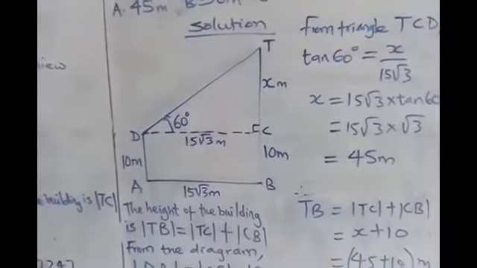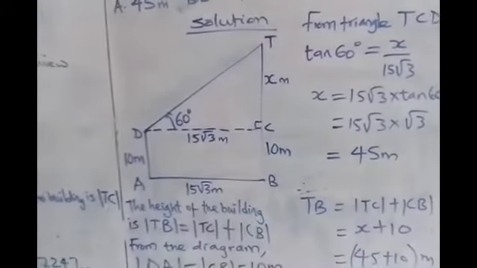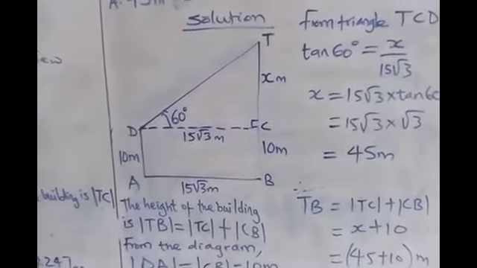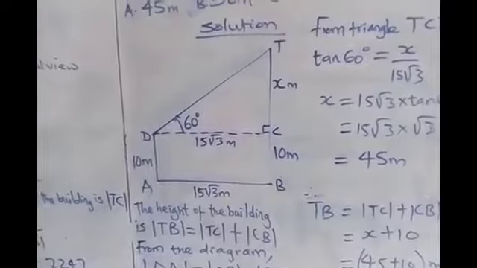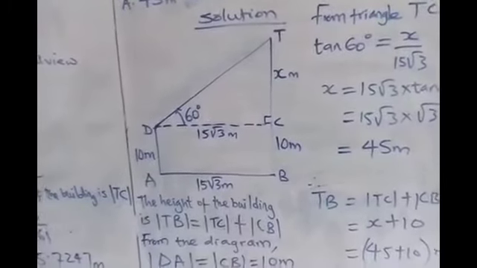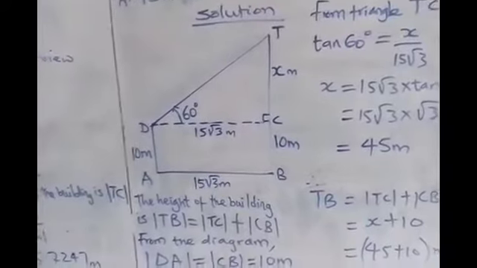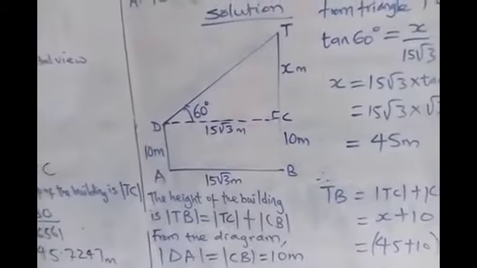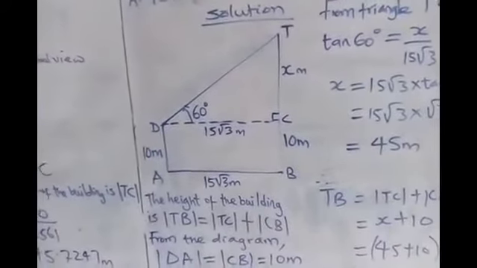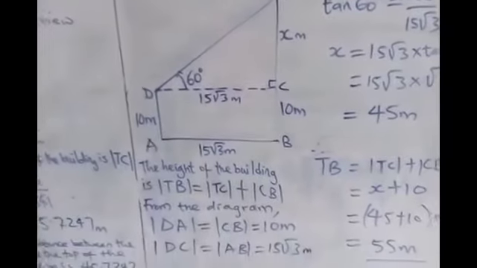Also, our line DC was not given. It was only AB that was given. But from that requirement too, our DC must be equal to our AB. So we input DC to be equal to 15√3 meters. TC is X, unknown, but the height of the building is TB.